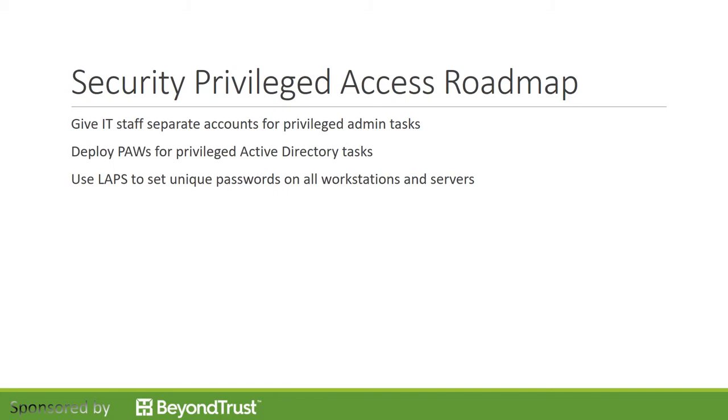So your IT staff should have separate administrative accounts for logging on and administering domain controllers. Okay, so those two things should be separated: administering domain controllers and doing other administrative work in your IT environment.